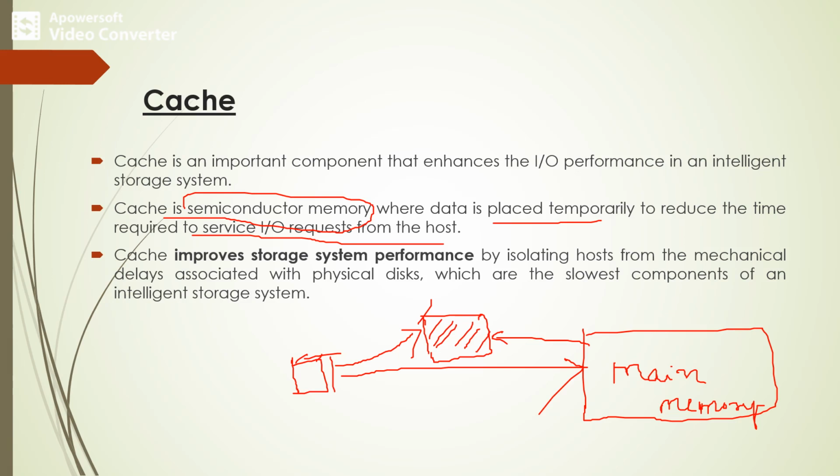Cache improves storage system performance by isolating the host from the mechanical delays associated with physical disks, which are the slowest components of an intelligent storage system. So I can say that the physical disks are the slowest components in an intelligent storage system.